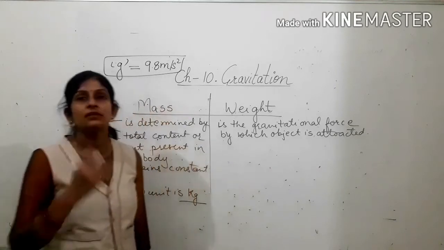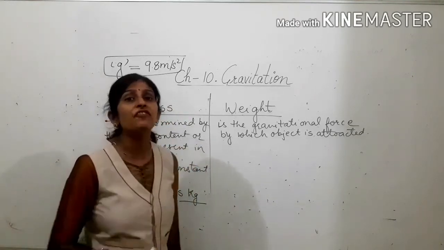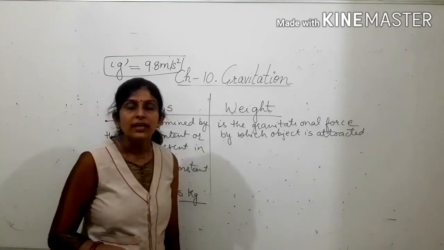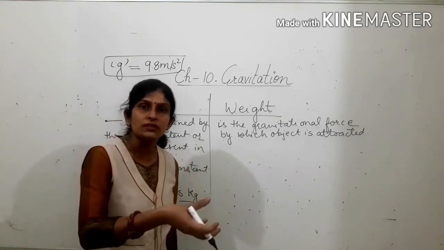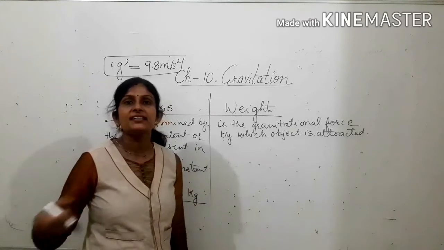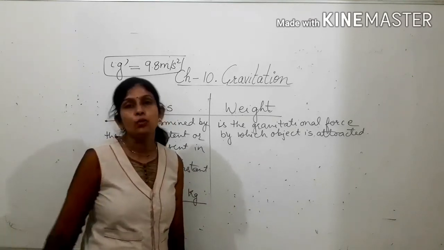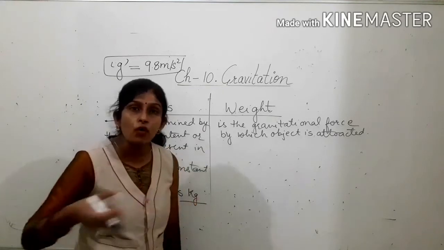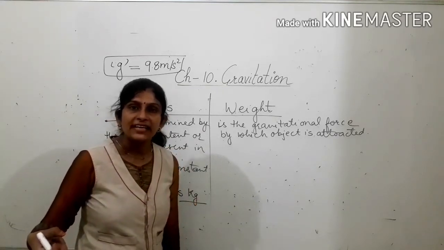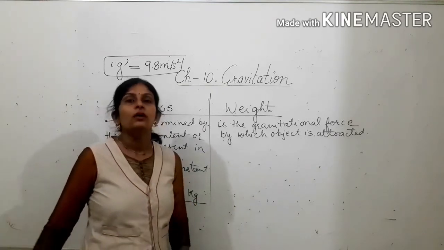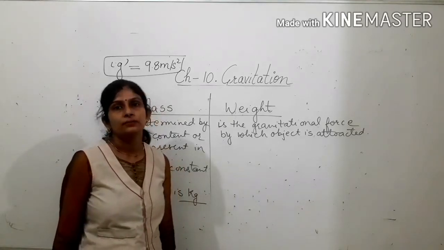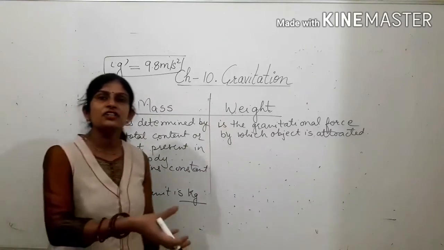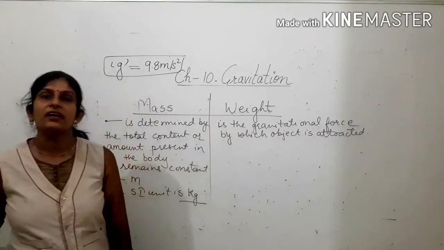Now what is the weight of the object on the surface of moon? It is the gravitational force by which the object is attracted towards moon. Or I can say that it is the gravitational force which is exerted by moon on that object. So, weight is the gravitational force by which an object is attracted.